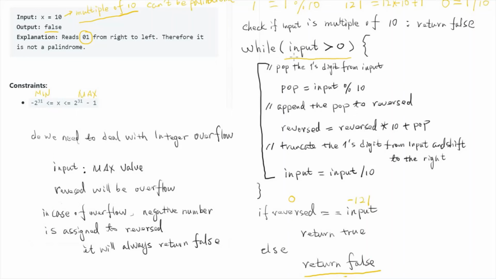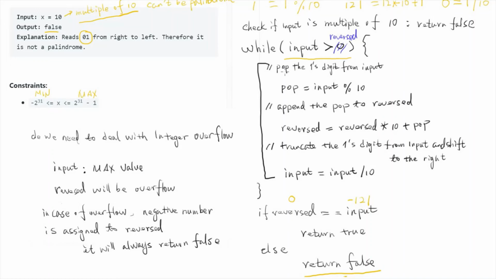The stopping condition for the while loop is while input is greater than 0. We'll change the 0 to reversed. If input is greater than reversed, we will continue this process.